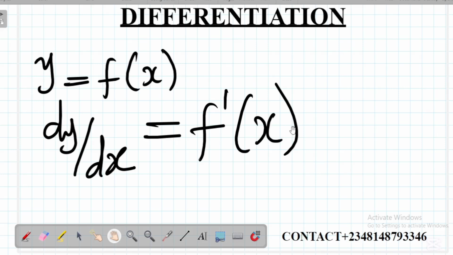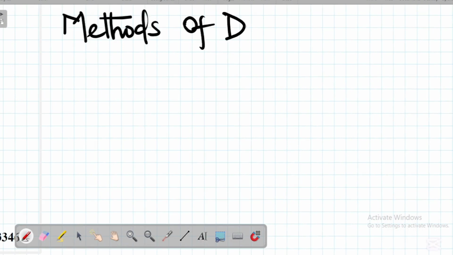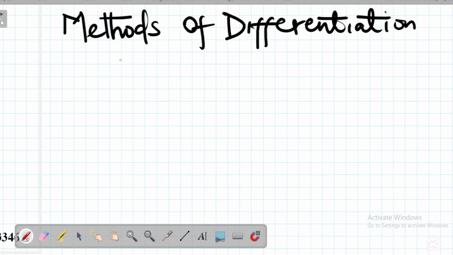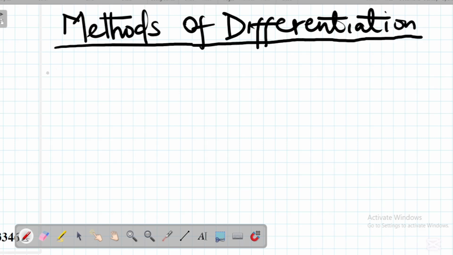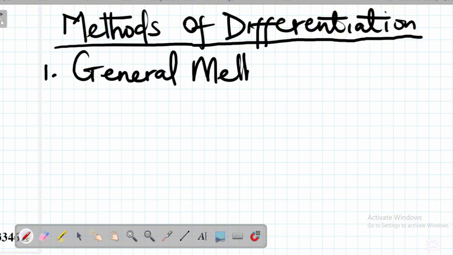Alright, let's look at the methods of differentiation. The first method of differentiation is the general method. Secondly, we have the first principle method.